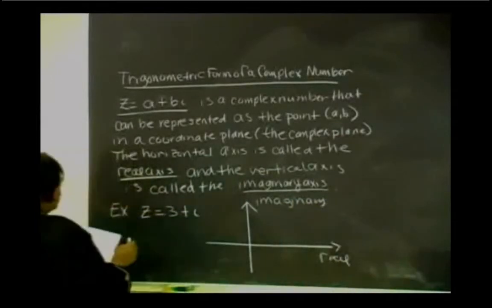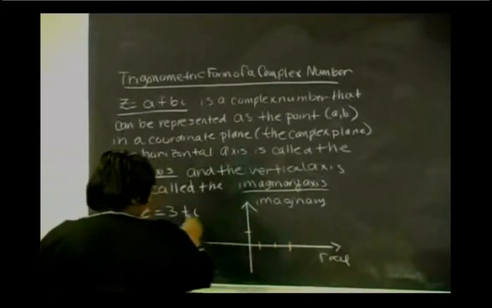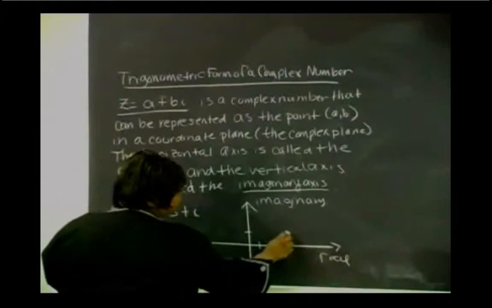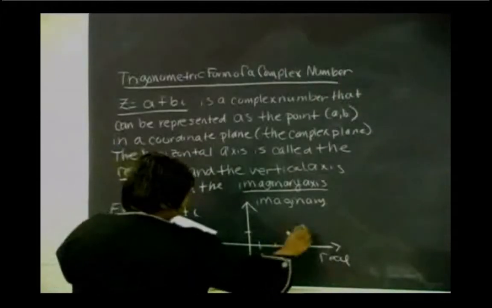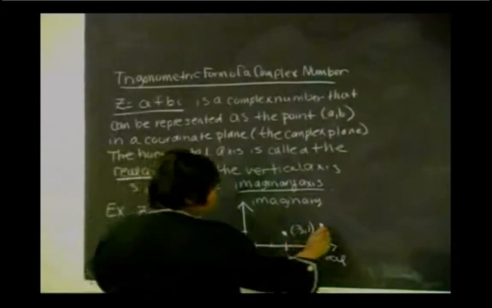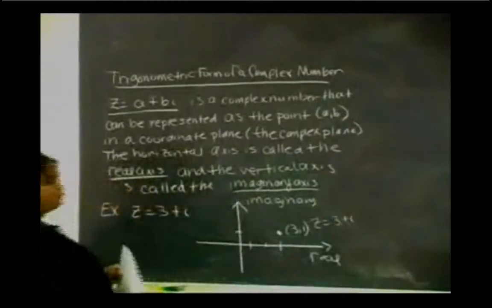So we go 3 on the x, and because this is I, the coefficient is 1, 1 on the imaginary unit. This represents the point (3, 1), or the number Z equals 3 plus I.